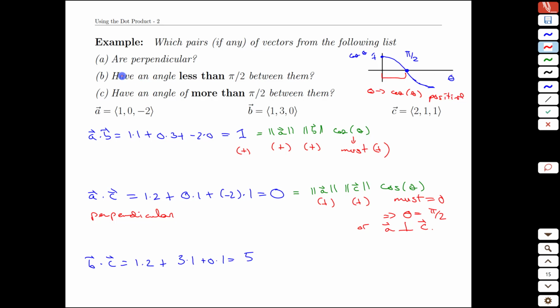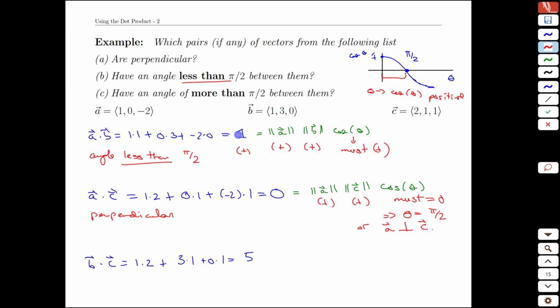And that answers our question here. What can the angle be between these two vectors? Well, it has to be an angle of less than 90 degrees, or less than pi over 2 radians. And that result comes from this dot product being positive.